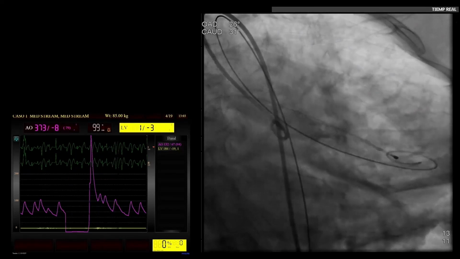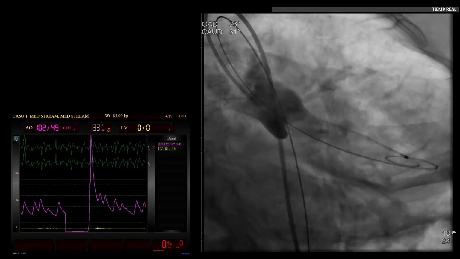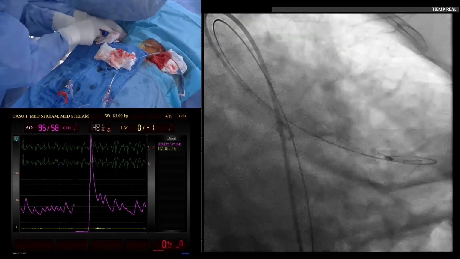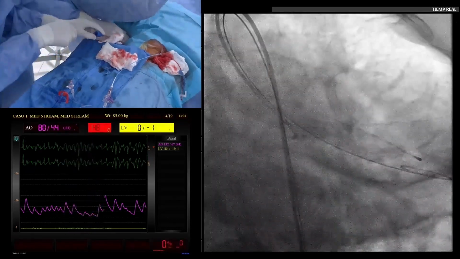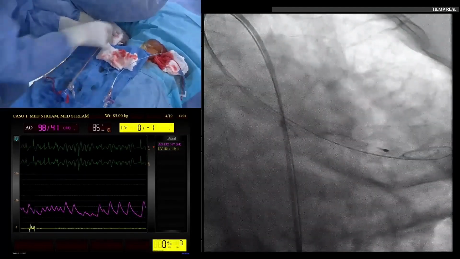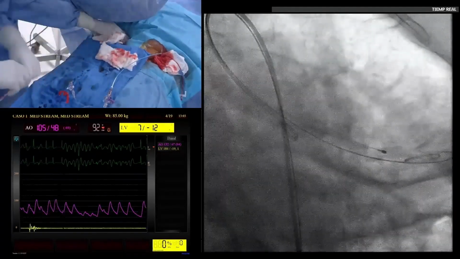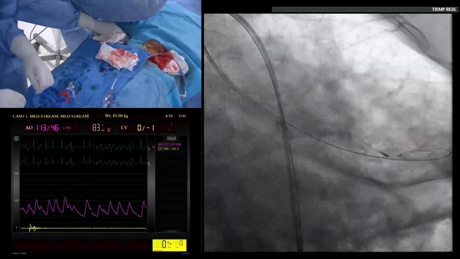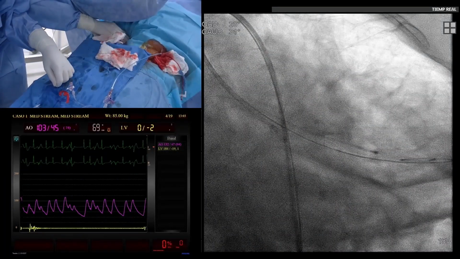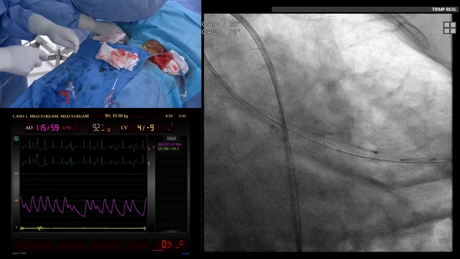Well, position is quite uncomfortable, so I think we have to do it here in the non-coronary cusp overlap, which is important here, and we have observed this is a very small annulus and sinus for such a big patient, quite rare.